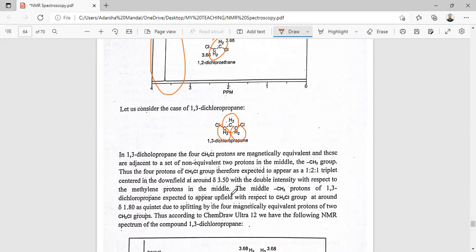The middle CH2 protons are expected to appear upfield with respect to the CH2Cl group, around 2.0, as a quintet due to splitting by the 4 magnetically equivalent protons of the 2 CH2Cl groups. So this middle CH2 is comparatively upfield and splits due to the 4 equivalent protons, so it comes as a quintet, and the CH2Cl groups split by the middle CH2 come as a triplet, downfield compared to the middle CH2 group.